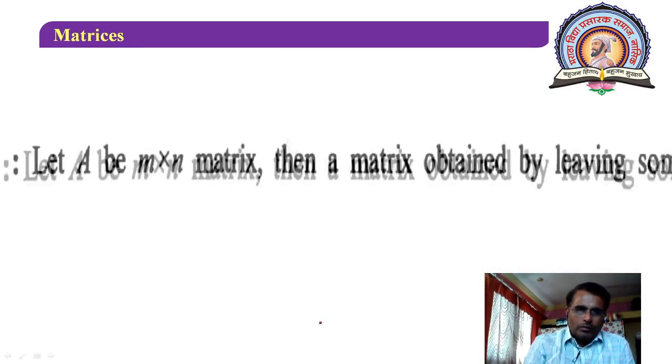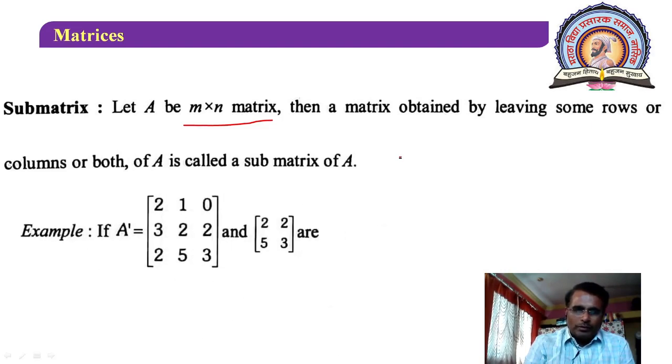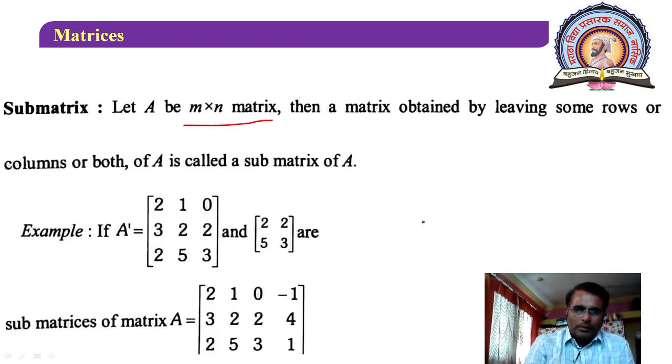Now, what does submatrix mean? Suppose that you are given an m by n matrix, then the matrix obtained by leaving some rows or some columns or both is called a submatrix. For example, these are submatrices of this matrix. This is a matrix of order 3 by 4, and you will observe that this first part is taken into consideration.